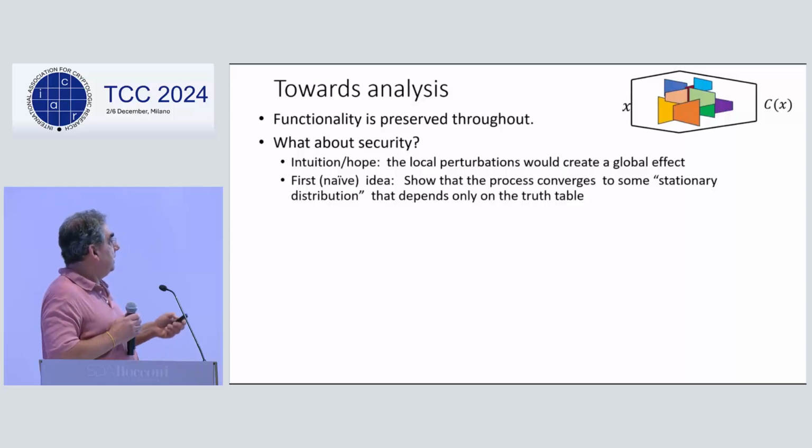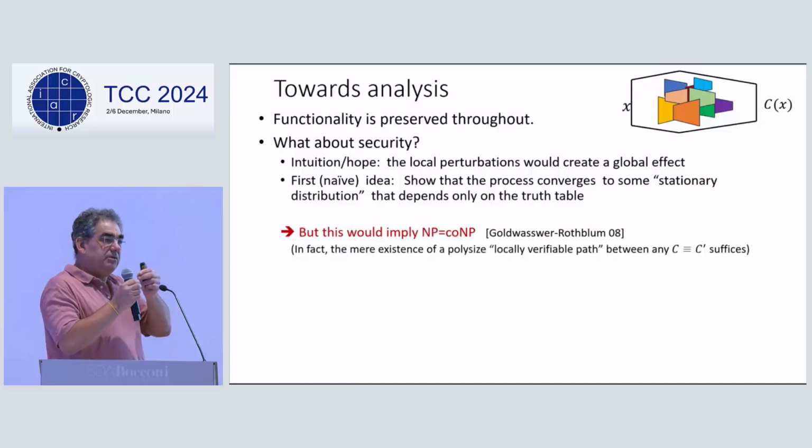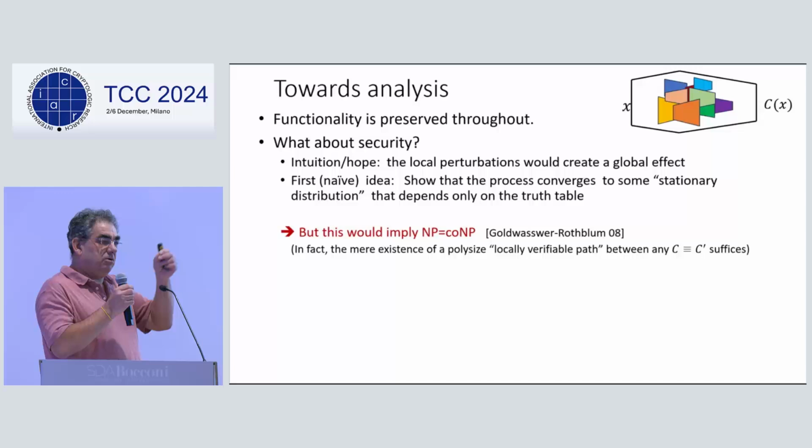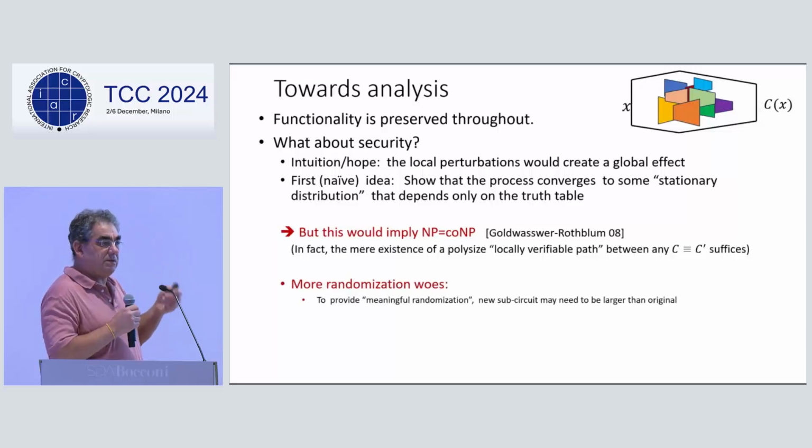But that's probably too much to hope for, because this would imply that NP equals co-NP. Goldwasser and Rothblum showed us, in fact, that even just the mere existence of a polynomial-sized path of local perturbations between every two functionally equivalent circuits will already imply that NP is equal to co-NP. But if you look more into the process, there are actually more concrete reasons why this cannot work by itself.